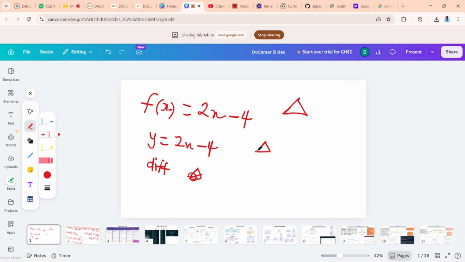So the change in y over the change in x means how y is changing based on the rate at which we are changing x. So it can be y1 minus y2 over x1 minus x2, meaning that x is changing from some value to another value.